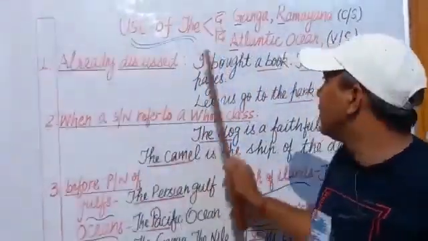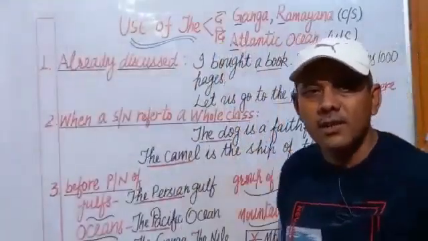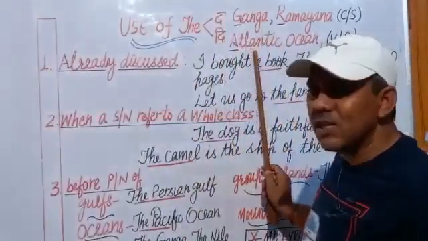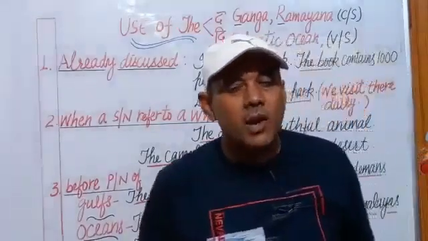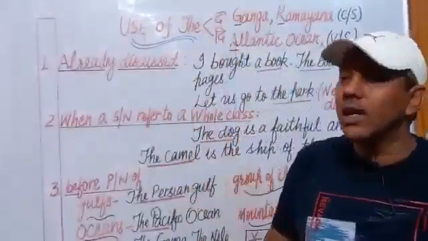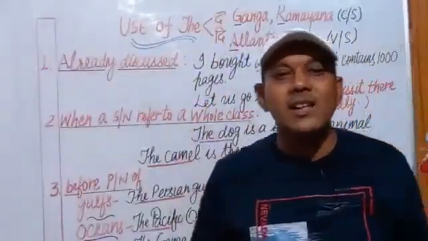For example, the Atlantic Ocean. If it begins with a vowel sound, it is pronounced as thee. If it begins with a consonant sound, then it is pronounced as thuh.